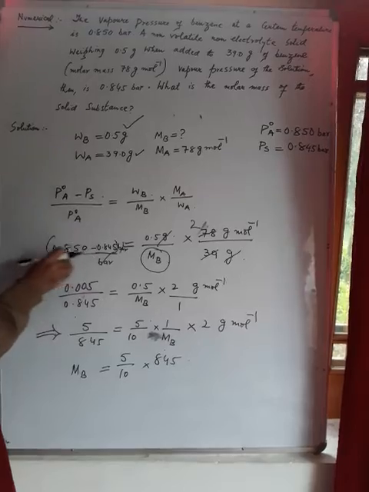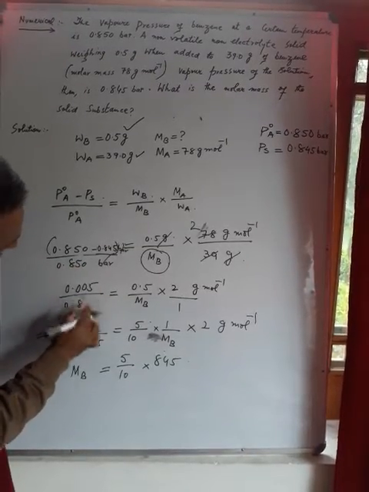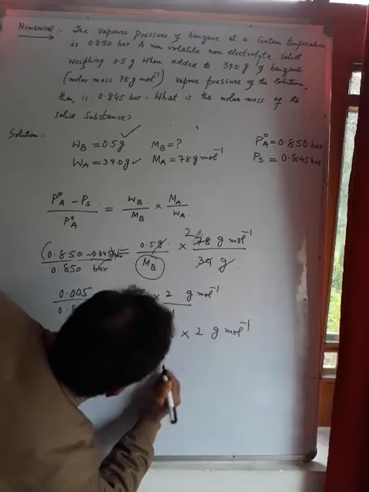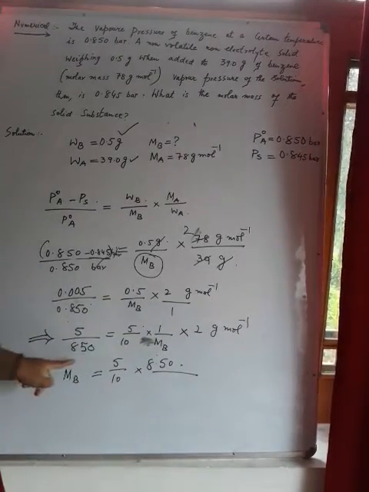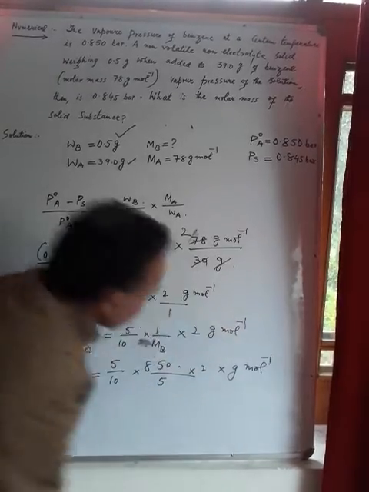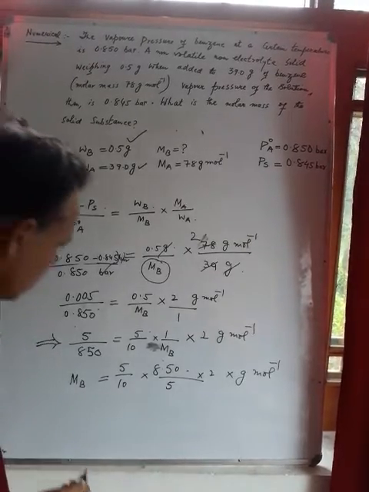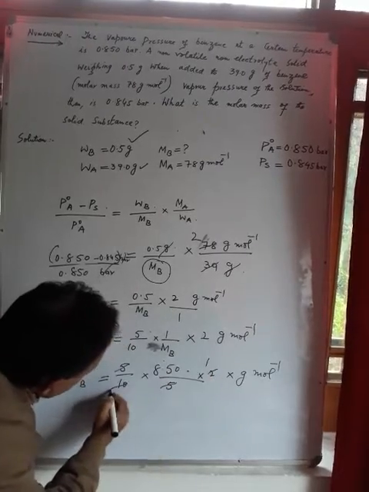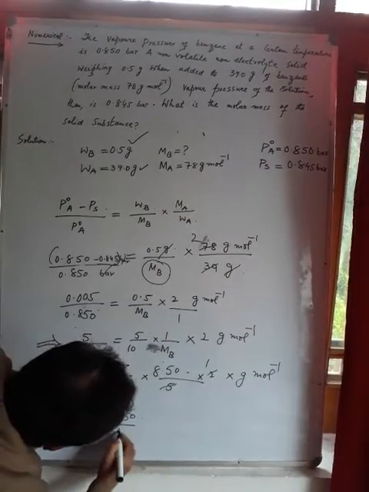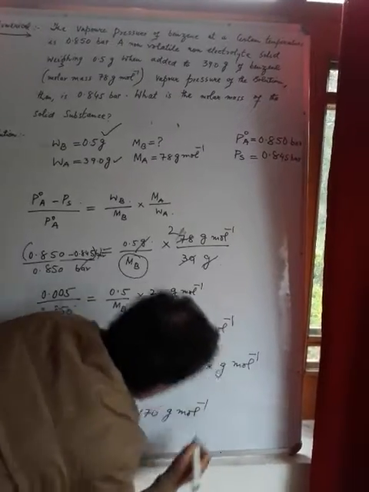Again we have written, P naught A is 850. So MB is equal to 850 divided by 5 into 2 grams per mole. 5 cancels, 2 fives are 10. So MB is equal to 850 divided by 5, which is equal to 170 grams per mole.